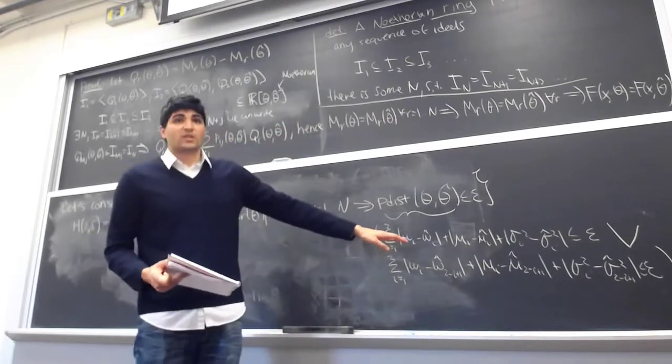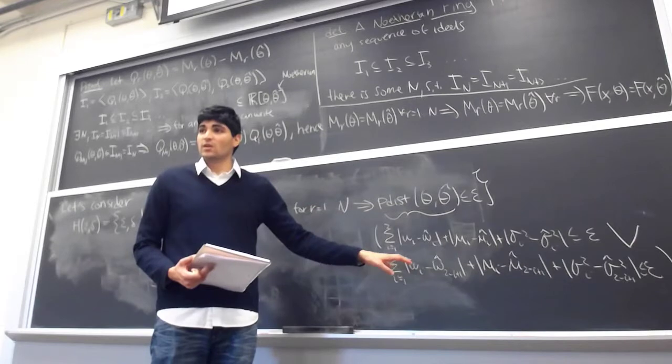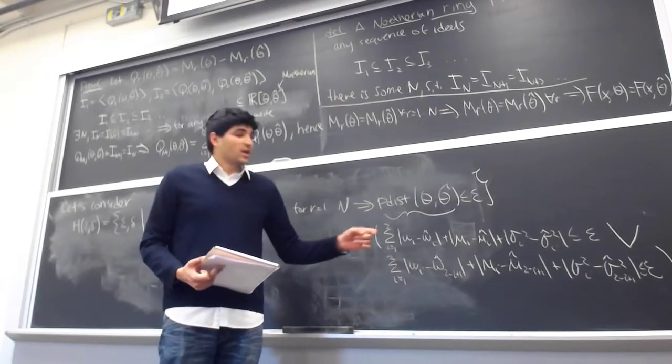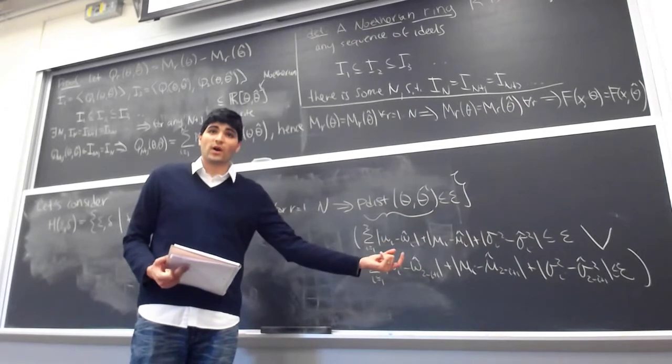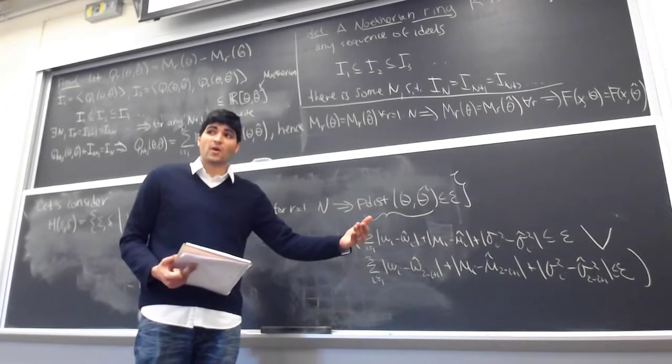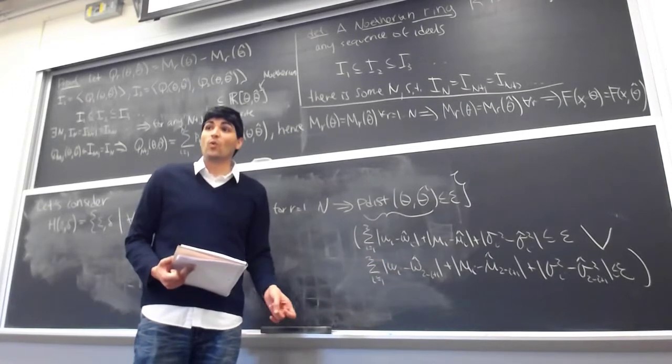This is a way to express the fact that the parameter distance between two different mixtures of Gaussians is at most epsilon. Because you have this freedom about whether you pair component 1 to component 1 and component 2 to component 2, or you pair component 1 to component 2 and component 2 to component 1.